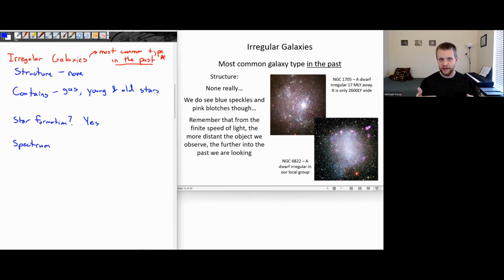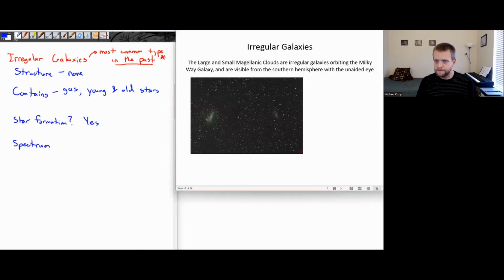Remember, in any kind of science, all of our conclusions are tentative and subject to revision given new data. But again, the main idea that I wanted to mention here is that the further away the object is, the further we are looking back in time, because it takes light a finite amount of time to actually reach us from those objects.